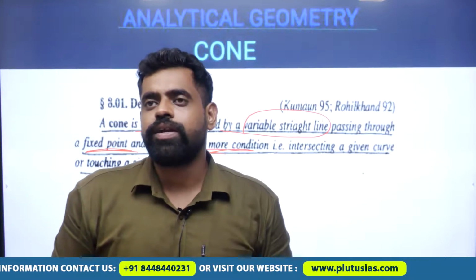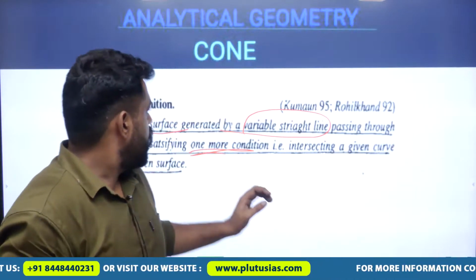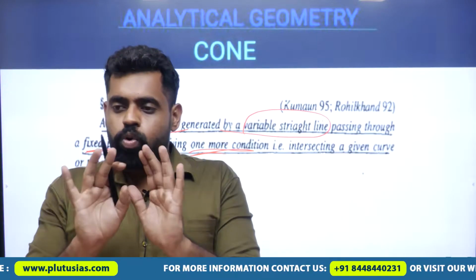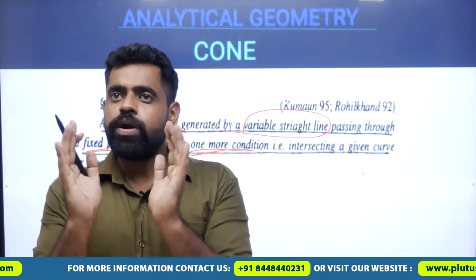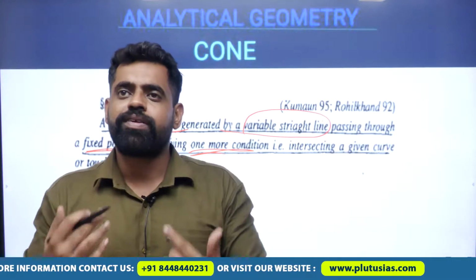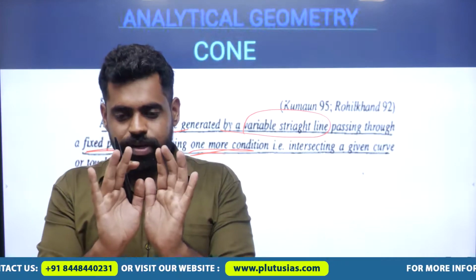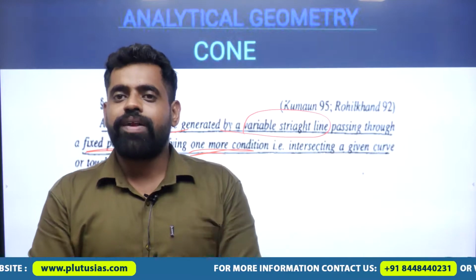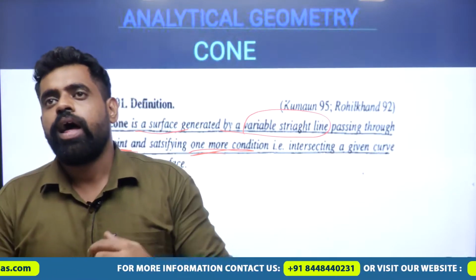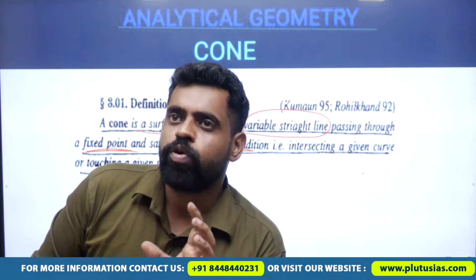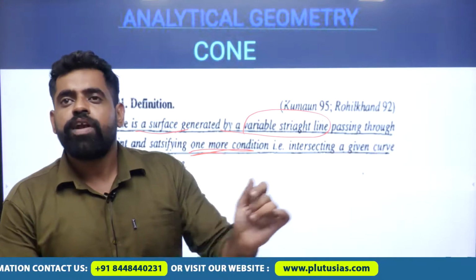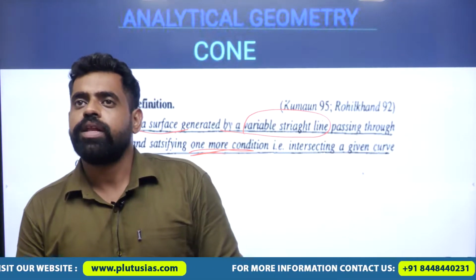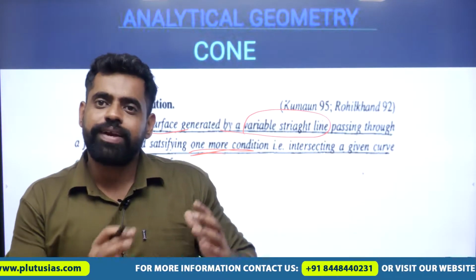For now you can understand that a cone is a surface generated by a variable straight line, or we can say that a cone is a locus of straight lines. Mathematically it is not exactly right, but for your understanding I am saying that a cone is a locus of straight lines which pass through a fixed point and follow one other condition. This could be that these are the envelope of a surface, or it passes through a surface, or it is tangent to a surface.